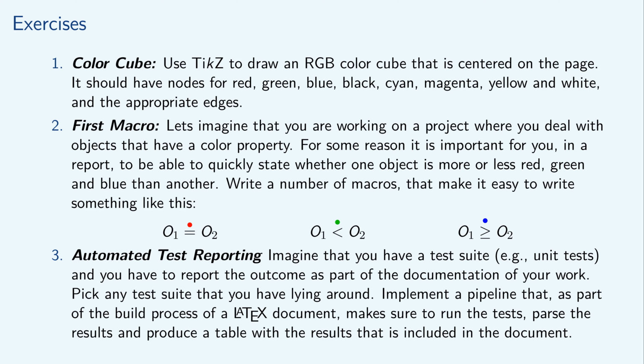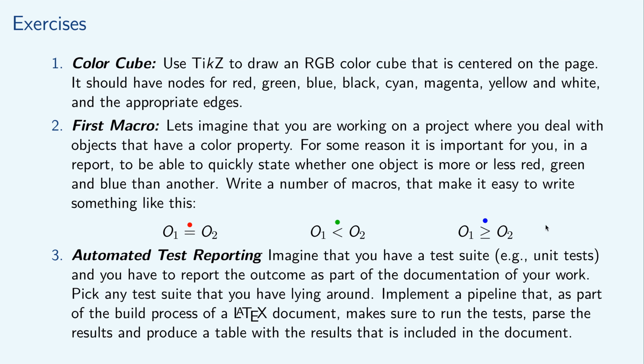The second exercise is, let's imagine that you're working on some project where you have to deal with objects that have a color property. And for some reason in that project, it's important for you in a report to be able to quickly state whether one object, let's say O1, has the same degree of red as another object, or an object has less green intensity than another object, or an object has at least as much blue color as another one.